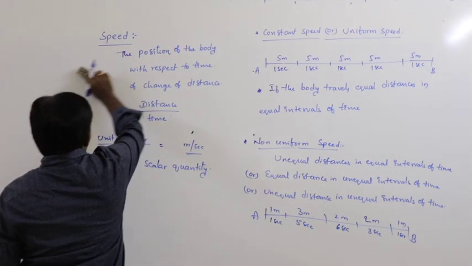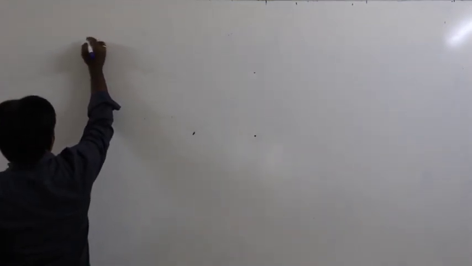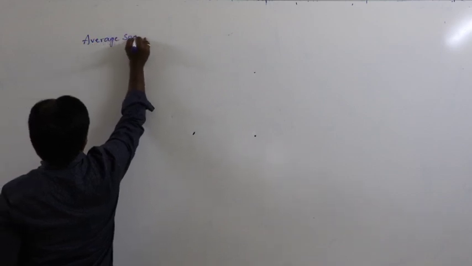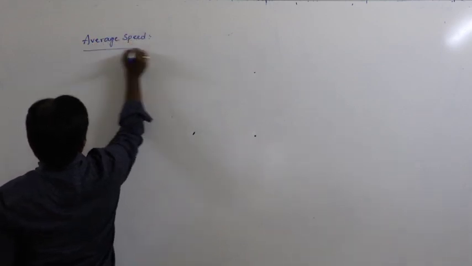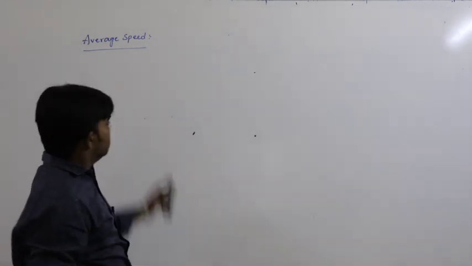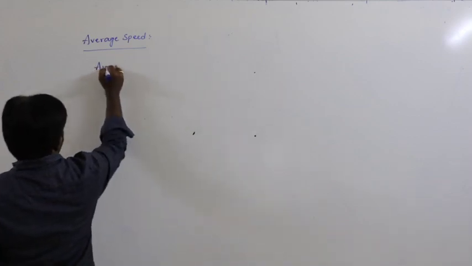Next, average speed. Next we can discuss about average speed. We discussed about uniform speed, non-uniform speed. Then average speed. How can you define this?